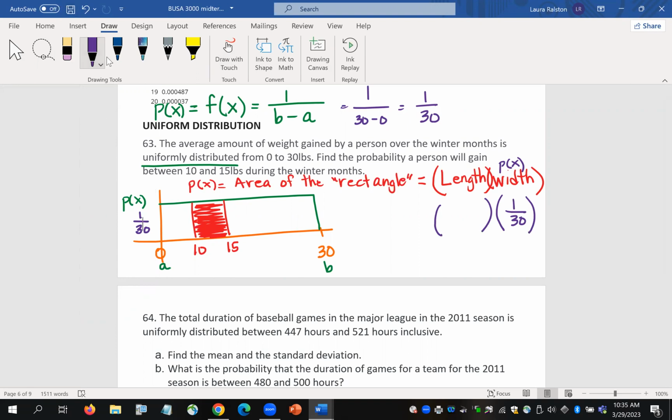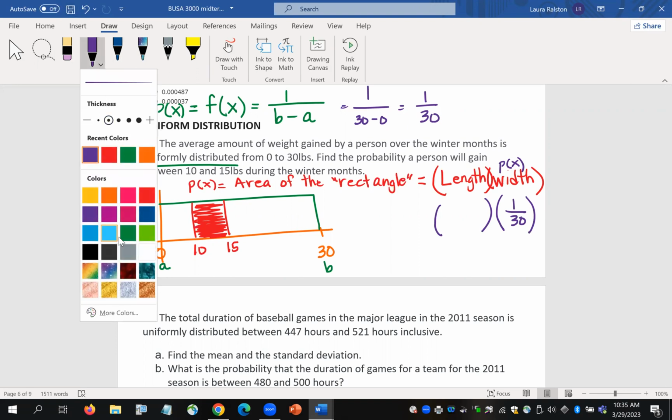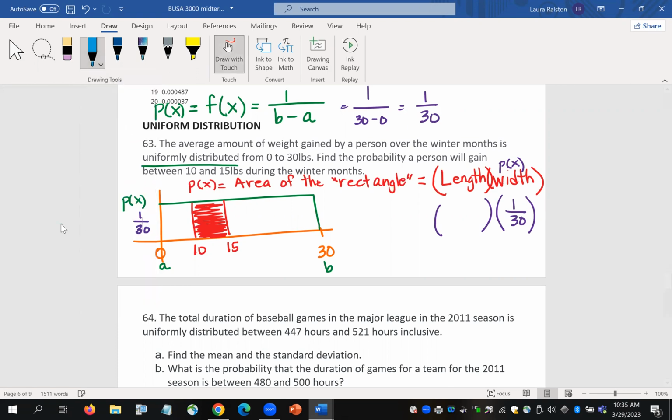The length I can figure out because I'm going from 10 to 15. So 15 minus 10 is 5. So my length is 5. So I have 5 times 1 is 5. 1 times 30 is 30. So it's 5/30 or 1/6.